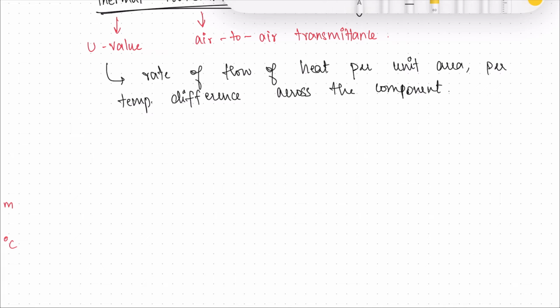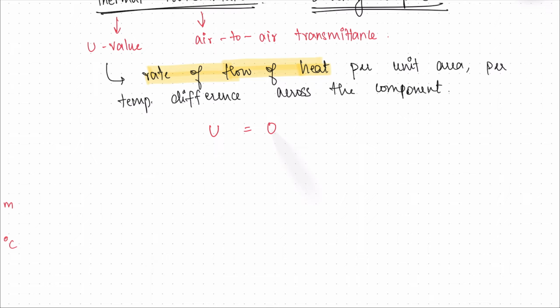And with this itself, we can write the formula. So let's say U is equal to rate of flow of heat. Rate of flow of heat is your Q per unit area, and per temperature difference.